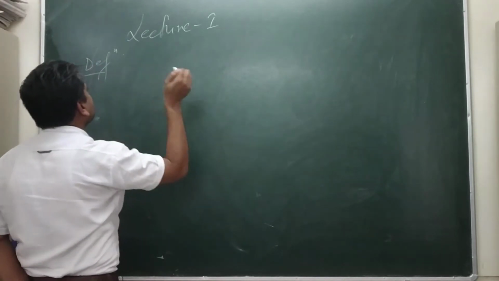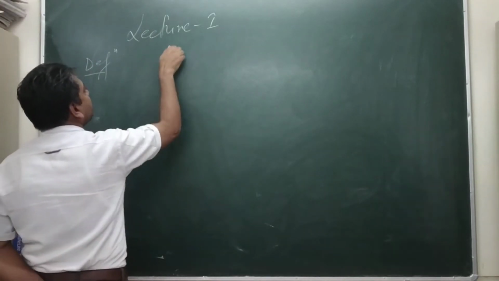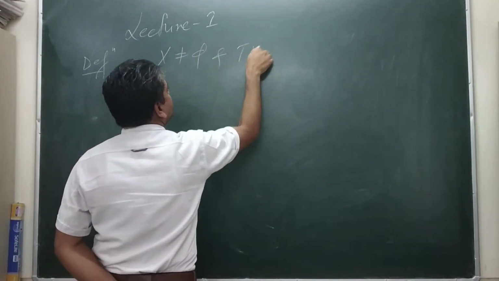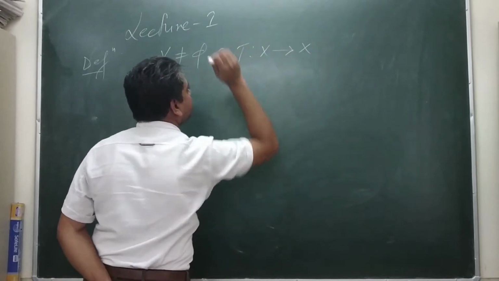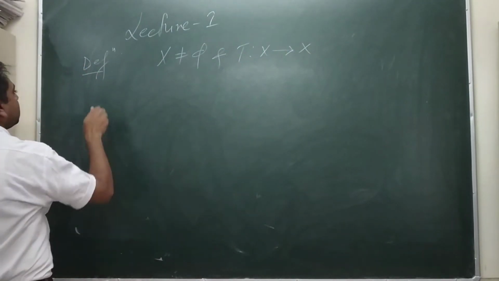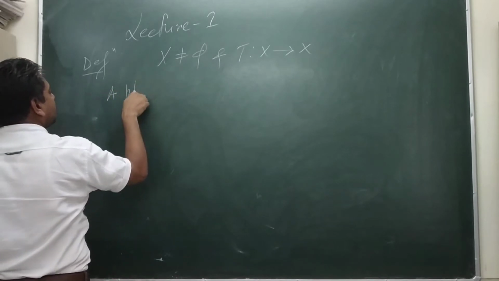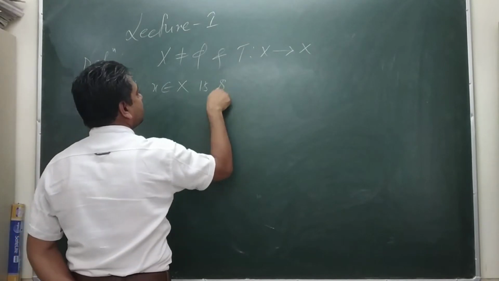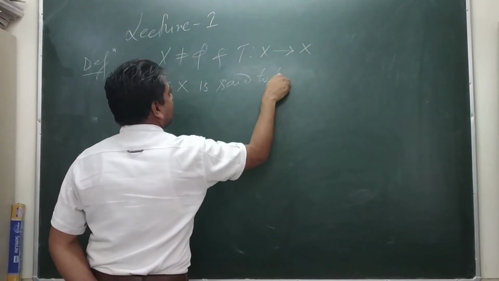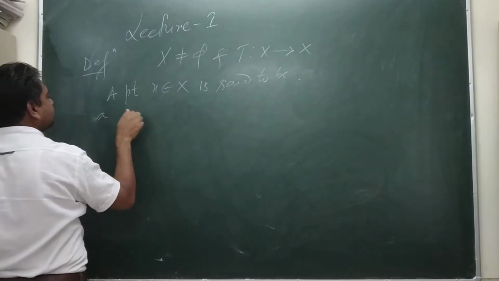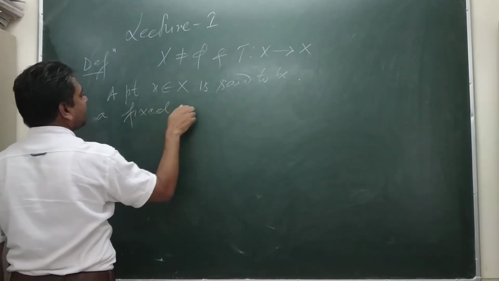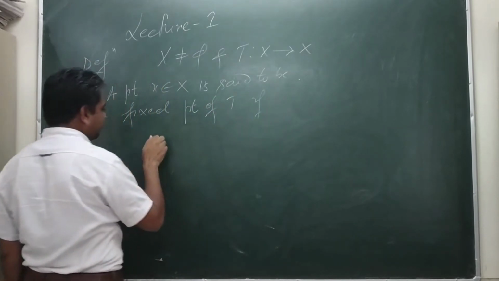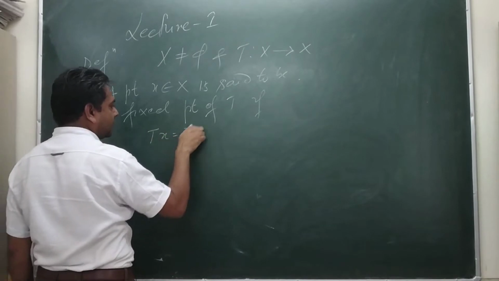Suppose we have a non-empty set X and T is any map from X to X. Then a point x in X is said to be a fixed point of T if T(x) equals x.